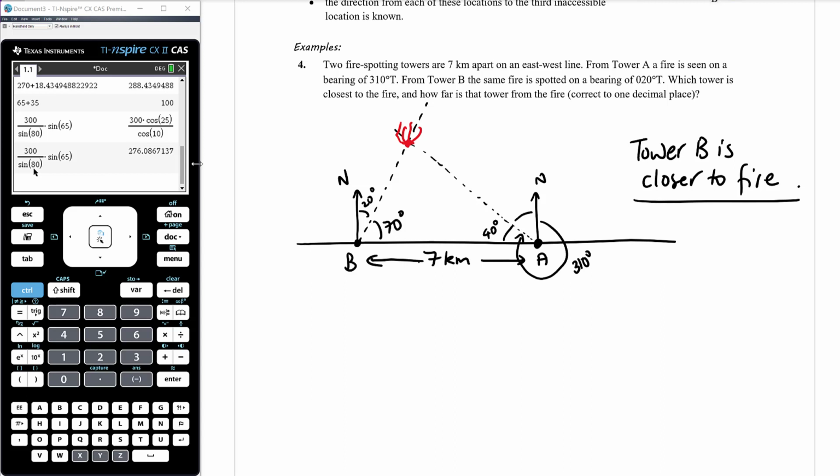Okay, so this angle out here is 50 degrees, so that's going to have to be a longer distance. This is if we think about the angles in the triangle. This angle is smaller than this angle, okay? So therefore, this produces a shorter distance than what this does.